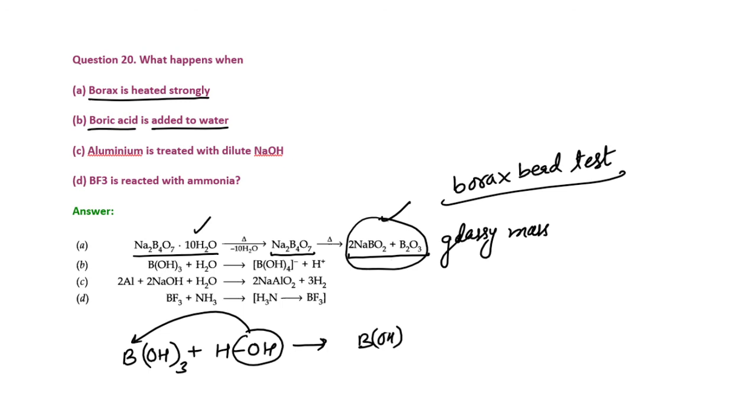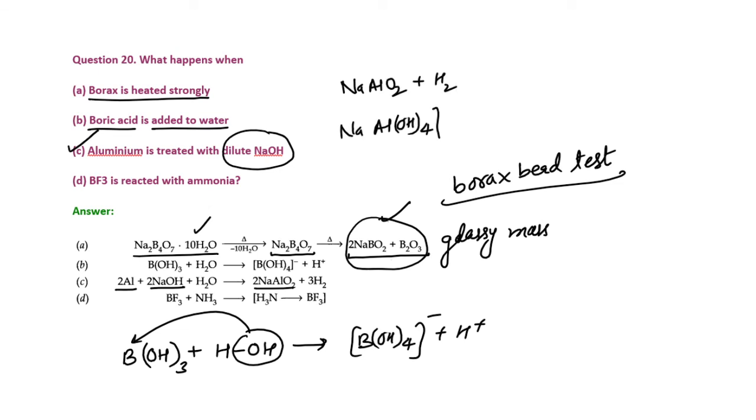This is also done: aluminium is treated with dilute NaOH. So when aluminium is treated with dilute NaOH, we get sodium metaluminate. You can write NaAlO2 along with hydrogen, or you can write Na[Al(OH)4] plus H2.